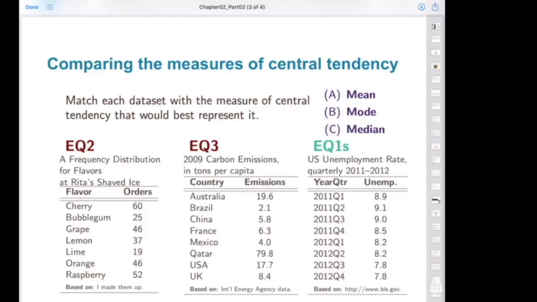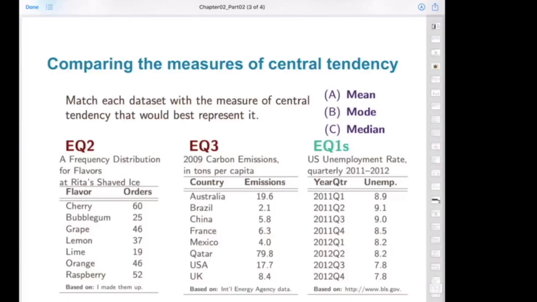Quantitative, correct. So we have these numbers, the emissions, we have 19.6, 2.1, 5.8. So in this case, I can choose between just two measures, the mean or the median. Which one of them will let me know if I have outliers or not? Do I have outliers here? Yes. For Qatar, this is the big number of emission, so we consider it an outlier. So the median is the correct answer for EQ3 in this case.